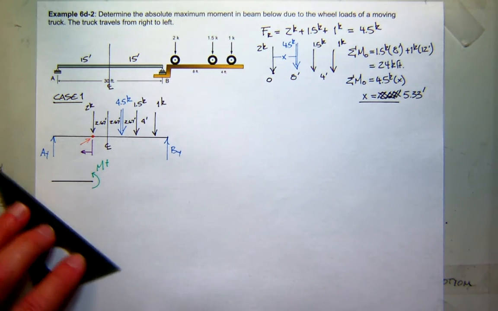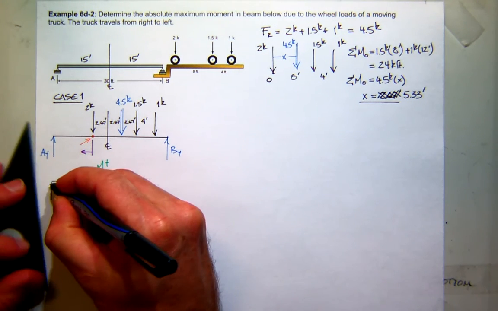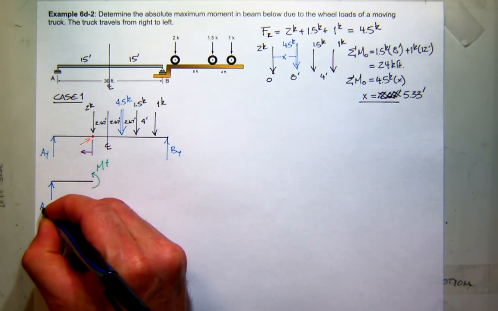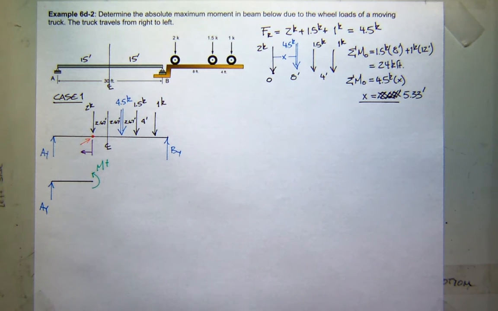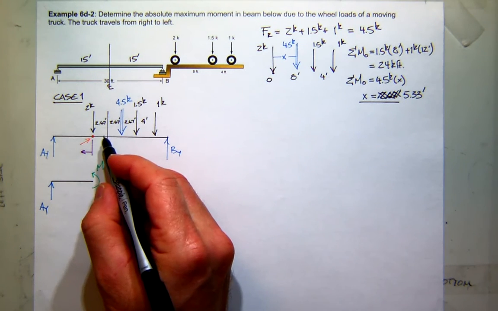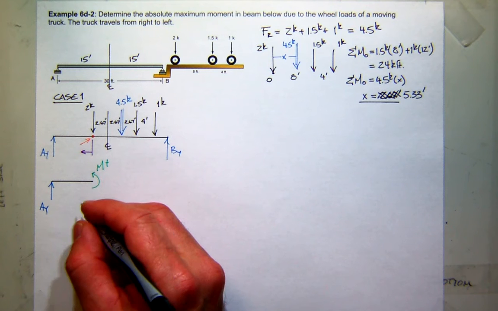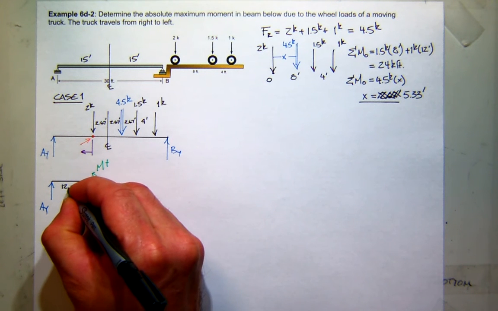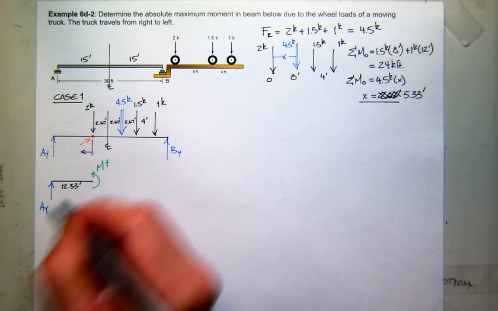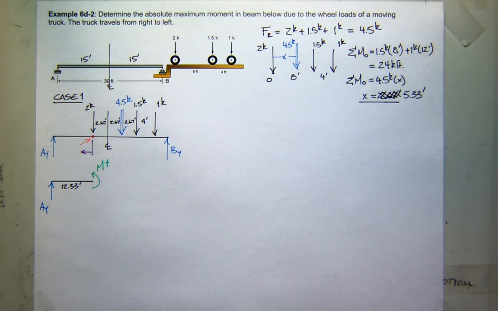I would need the reaction at A, which I haven't gotten yet, but I will. And then we'd also know that the length of that segment is going to be, looks like 12.33. Everybody see that? So now that that's all set, we just need to go through the work.